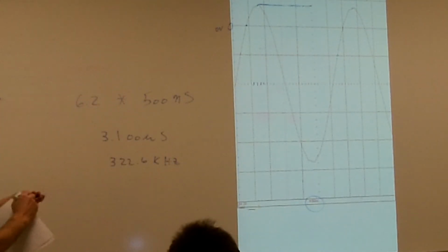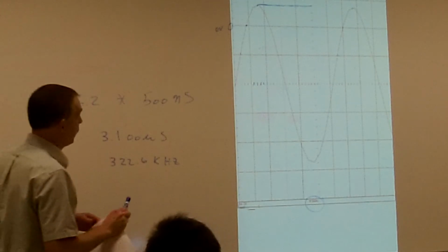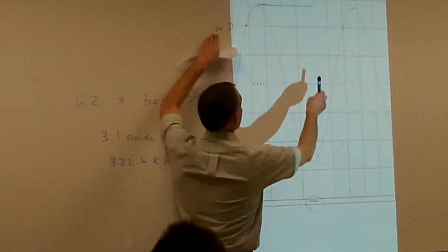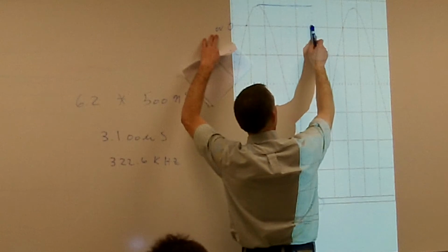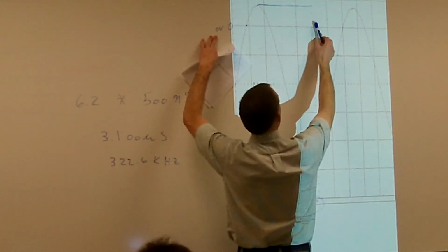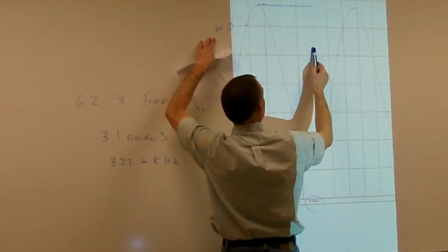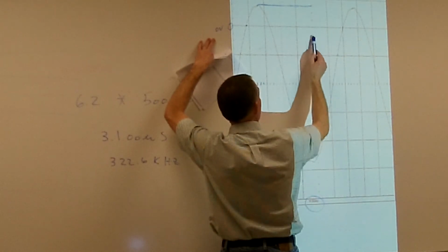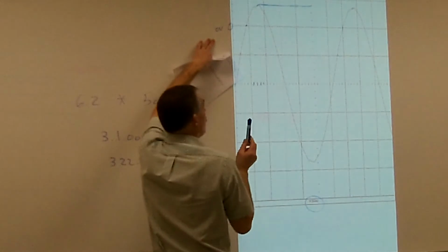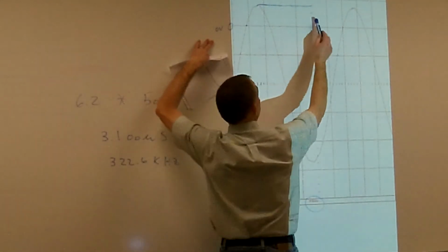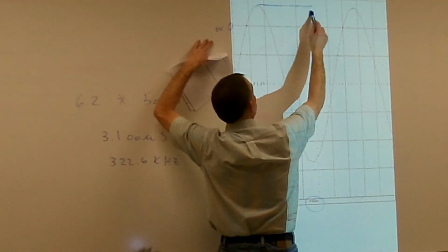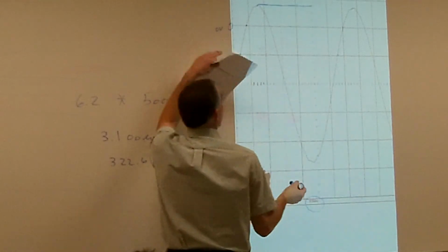So what you want to do is, again, start out from your 0. Everything is referenced off of where that 0 volts is. So you're going to start out from your 0 volts and count out these divisions. So I'm less than 1 division, and this time I got 3 subdivisions, so each subdivision is going to be equal to what? 0.25. So then I'm going to have 0.25, 0.5, 0.75.